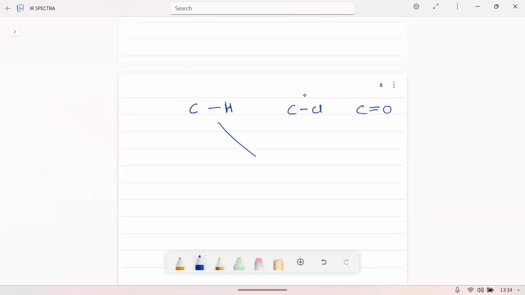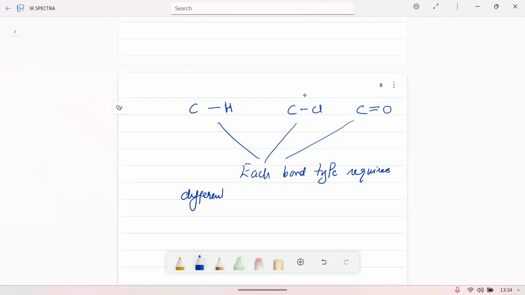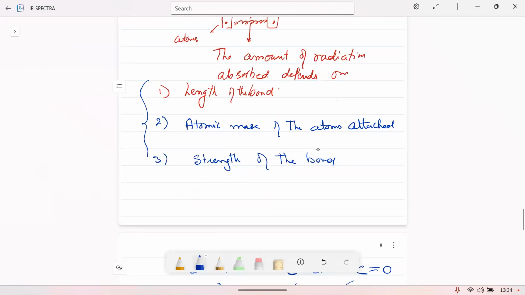The reason is, each bond type requires a different amount of energy to vibrate. Vibrate means the bending or stretching. And why a different amount? That depends on these things.